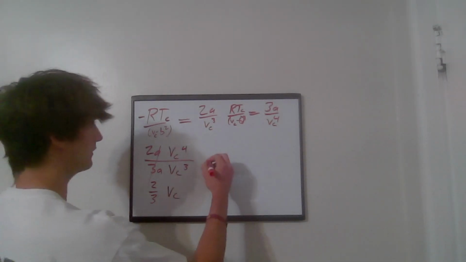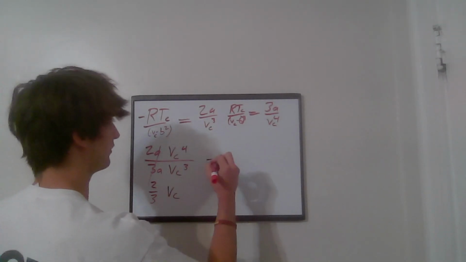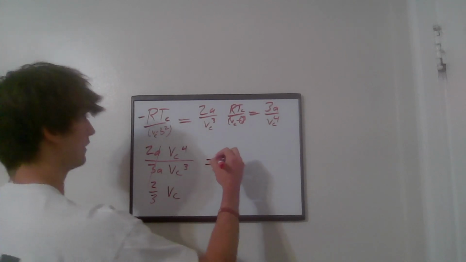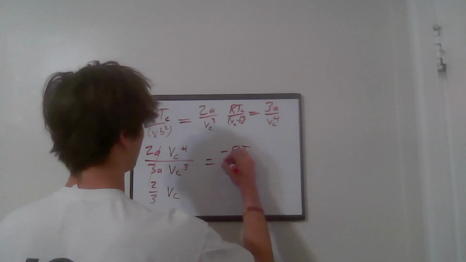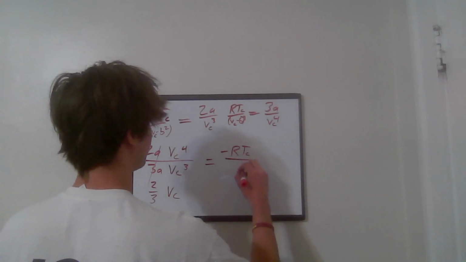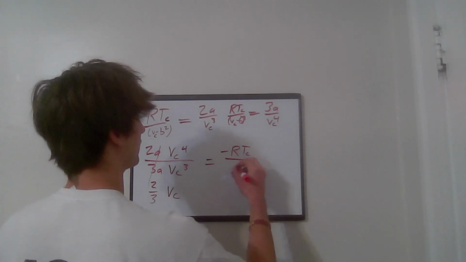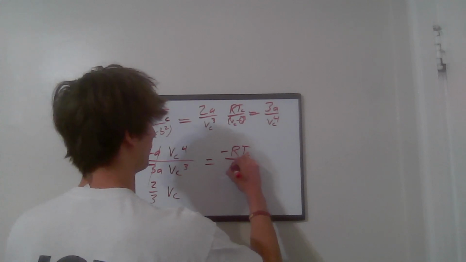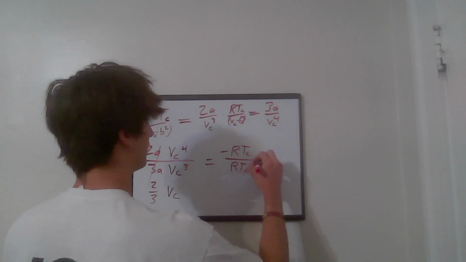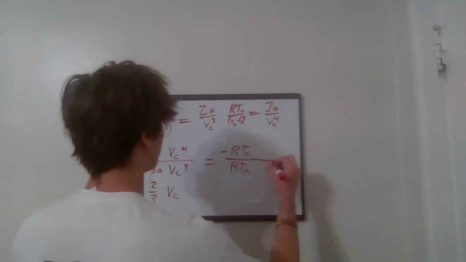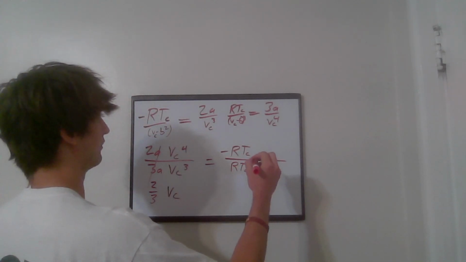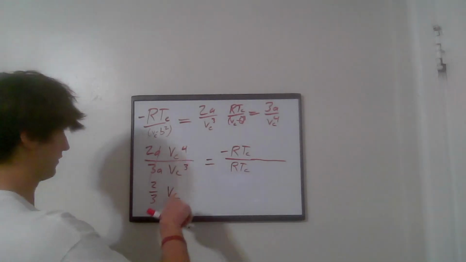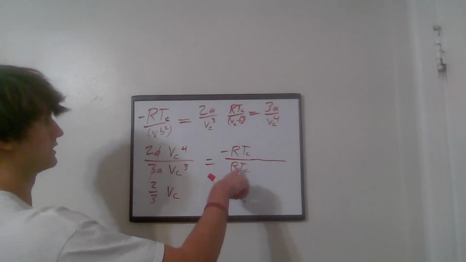And then we also have our negative RT critical divided by our normal RT critical, and we have RT critical.